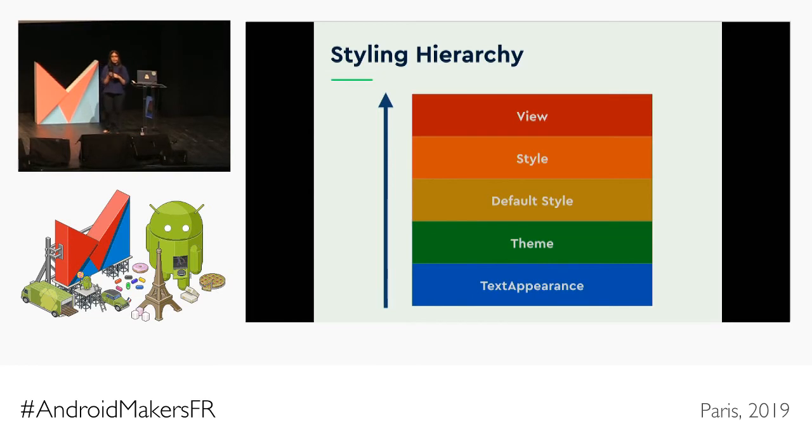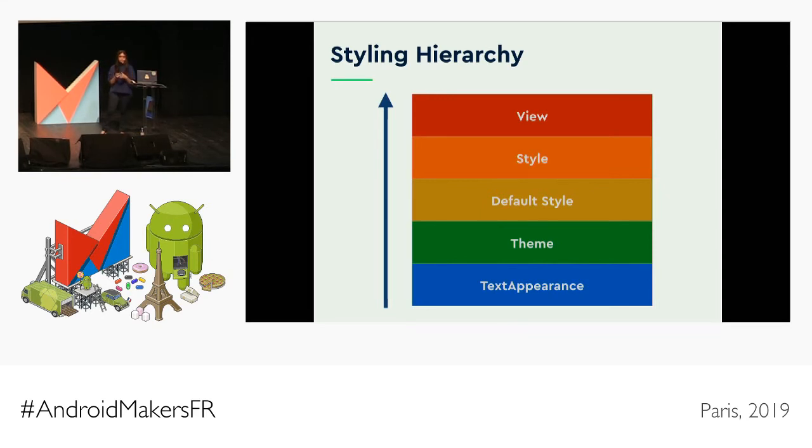And this is why, in the example I gave you, with android:textColor equal to blue in text appearance, and textColor equal to green in style, the style wins, because it is above the text appearance in this view hierarchy.